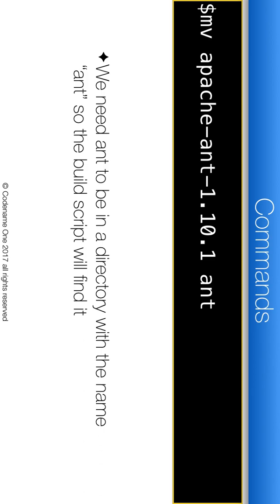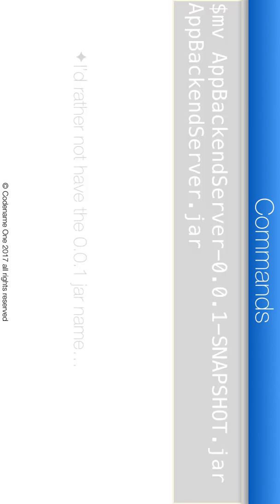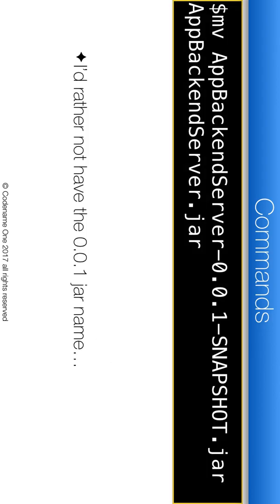The mv command represents move and works as rename. I also rename the backend server. It shouldn't include the version, as we'll update it in the future and we don't want it to carry an outdated version number. Technically, it might have been more correct to use a symlink, but I want to keep things simple.